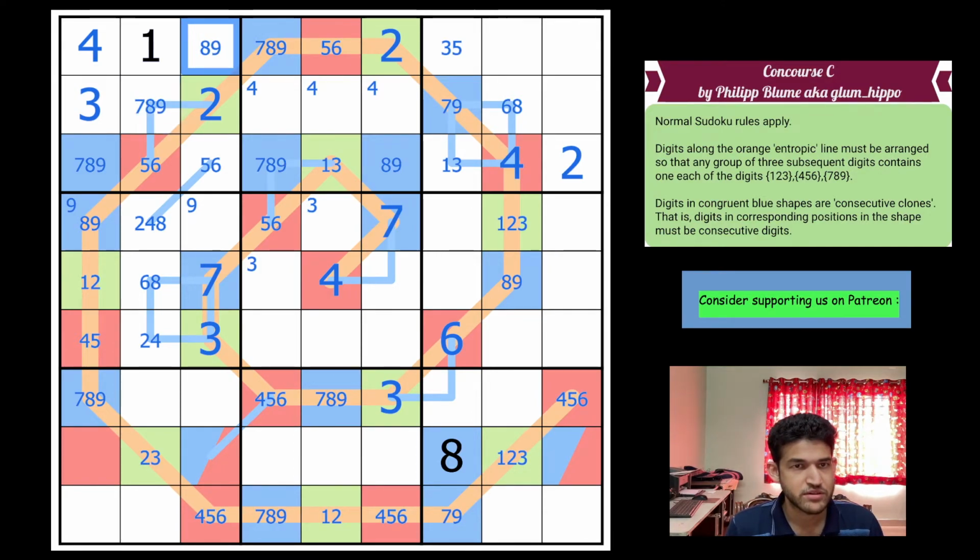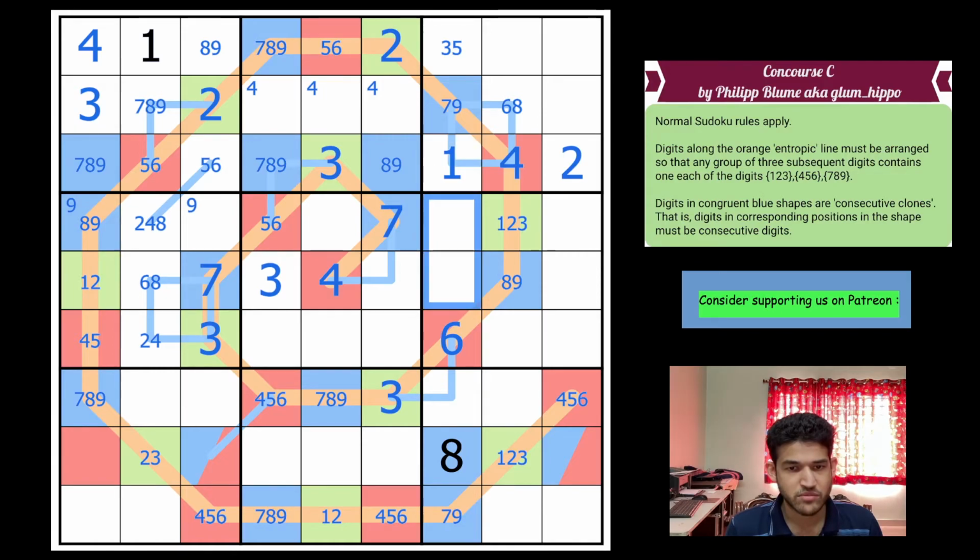No 7 here. And look at this 3. This is giving some information. 3 can't go here. 3 goes here. That pushes the 3 in box 5. 3 is forced here. And that 3 gives me a 1. So we are quietly getting all the digits now.